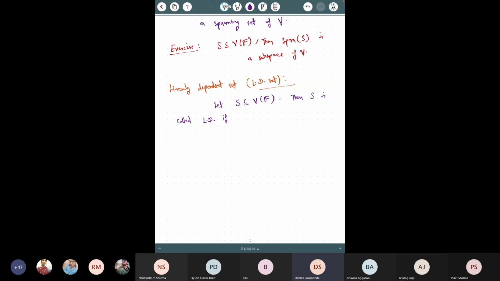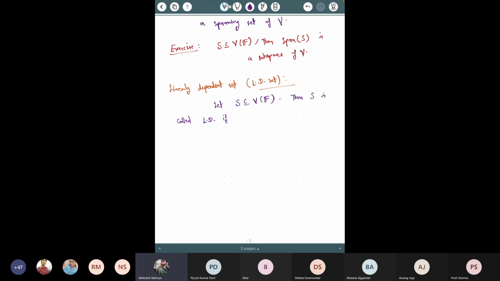If one vector of S can be written as a linear combination of other vectors of S. Is it correct? Anyone can be written as a linear combination of others. Others means all of them or what? Some of them.